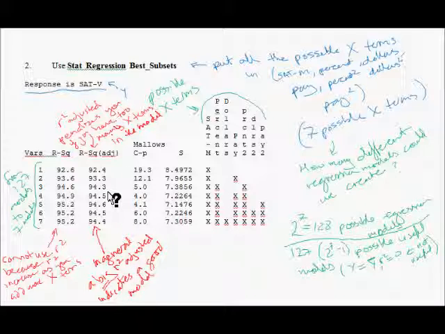So we look where R squared adjusted is the biggest here. Here, it looks like the biggest value is 94.6. So it's telling us, aha, that model might be good.